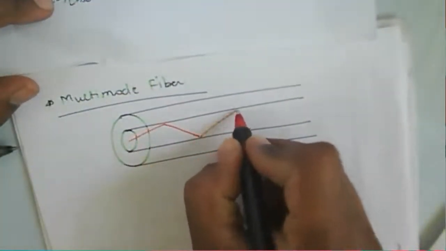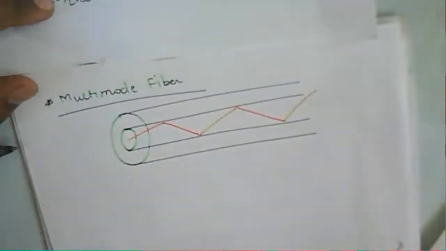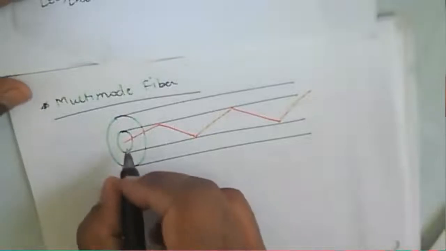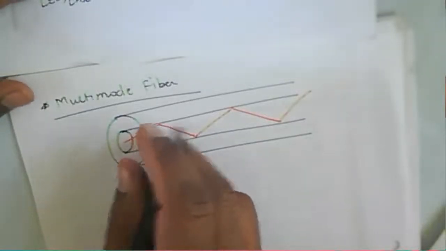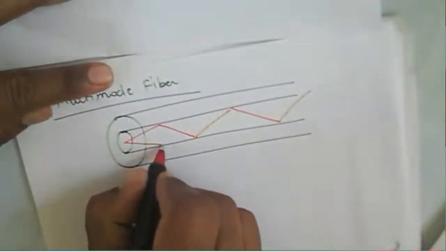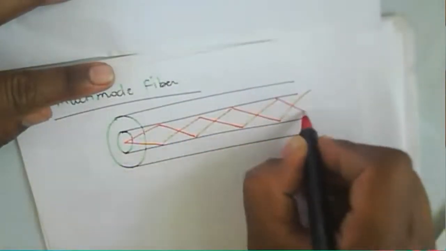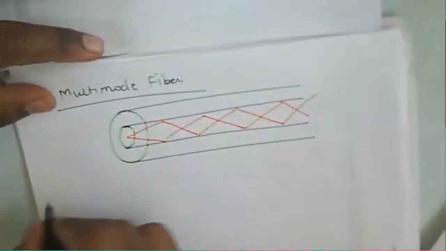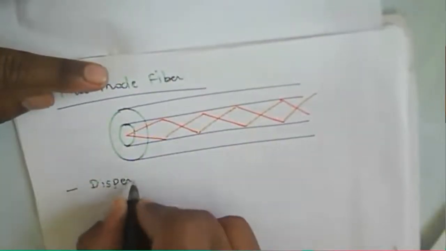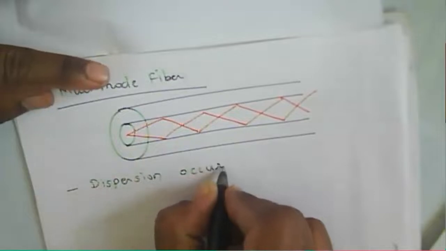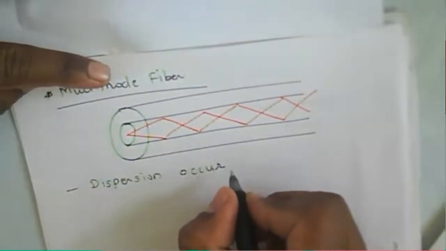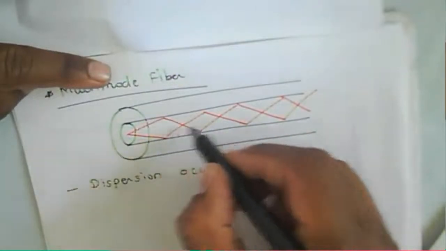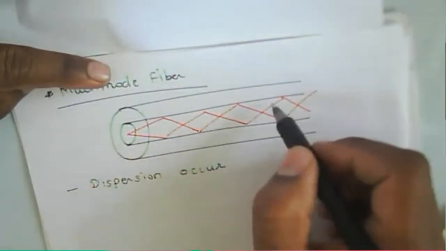Due to the large core diameter, rays are propagating through the fiber with different frequencies, or you can say different wavelengths. So various light rays are propagating through it, and dispersion occurs. Why? Because the different rays propagating through the fiber have different velocities.